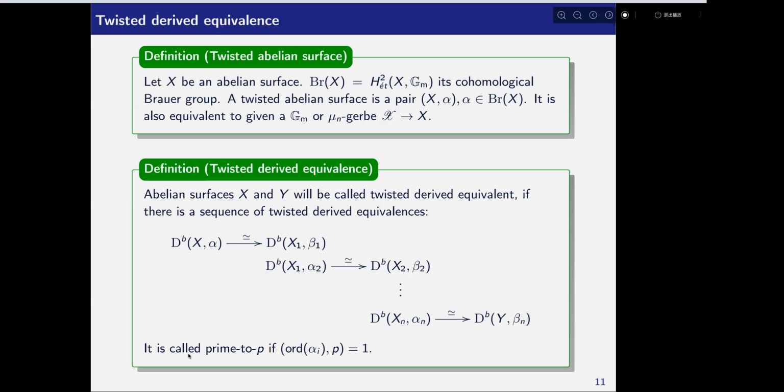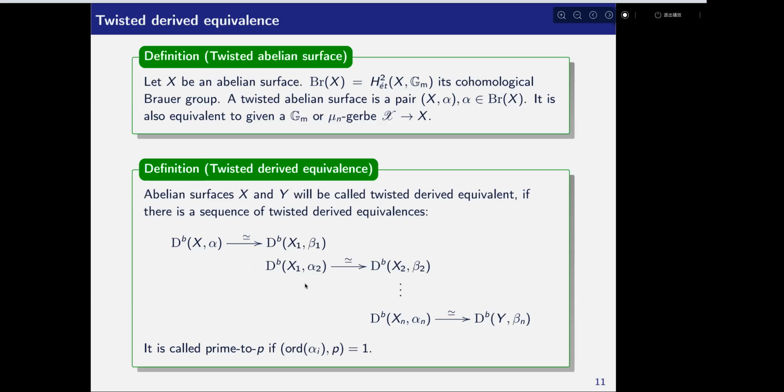I say that it is prime to p if the order of this Brauer class alpha_i is prime to p, so p cannot divide this order. So basically there is some numerical invariant here, which occurs as the order of the Brauer class.